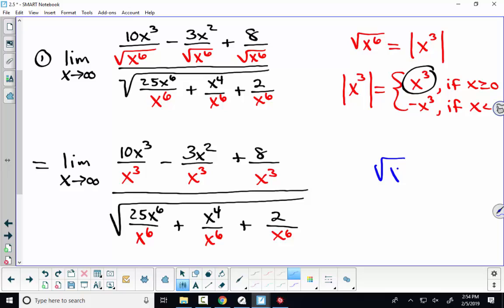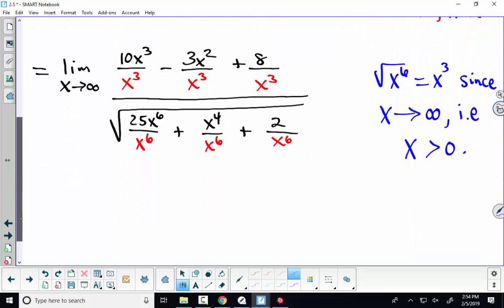The square root of x to the sixth equals x cubed, since x is approaching infinity. That is, x is larger than 0, x is positive. So we don't have to put the absolute values in every single one of them.